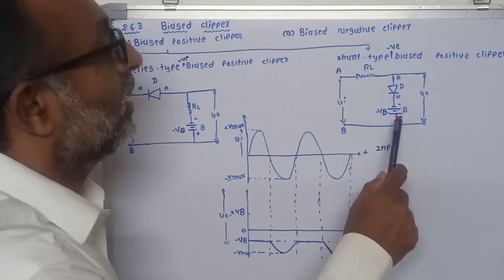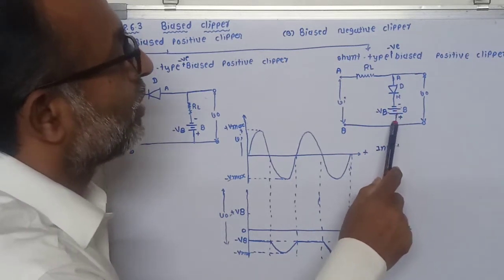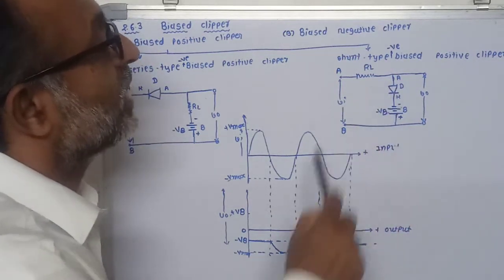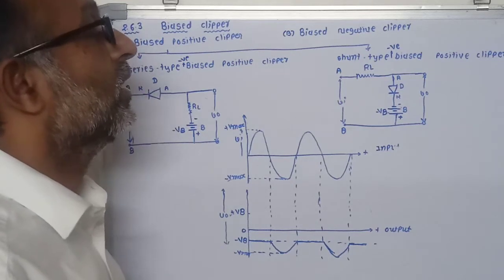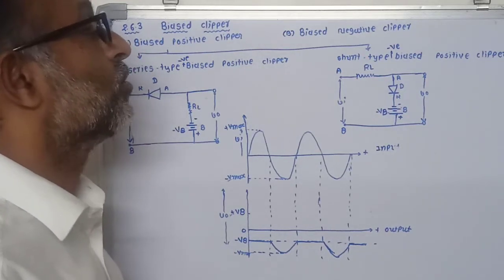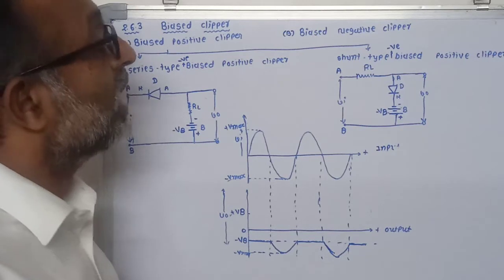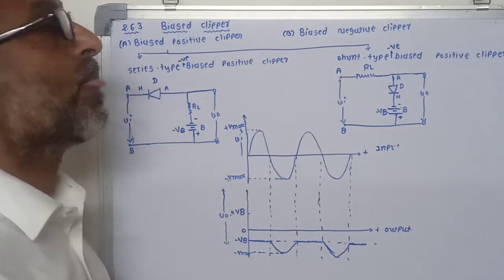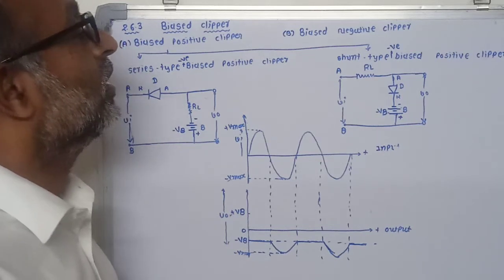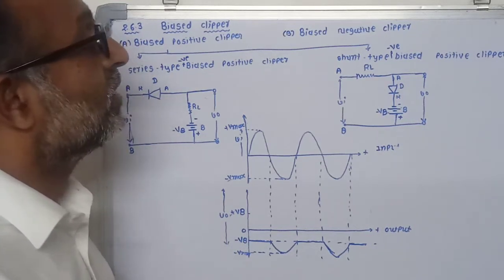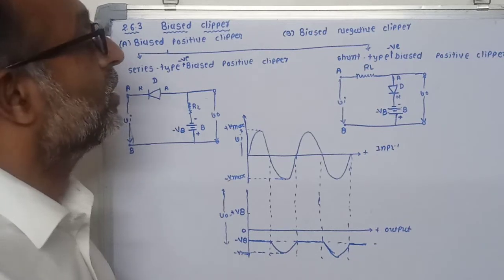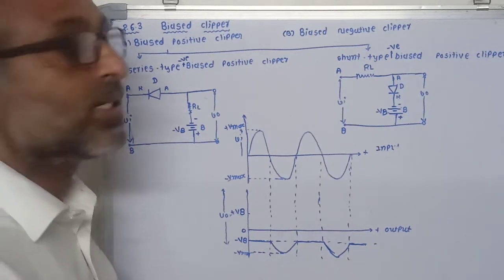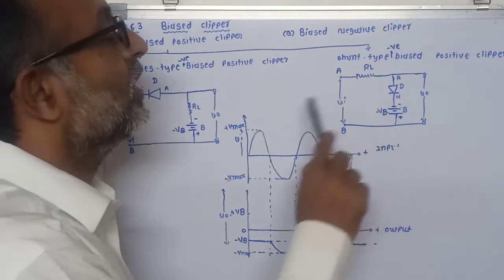But the positive terminal of this battery is connected to the anode, and the negative terminal is connected to the cathode of the diode. So in this case, the diode is also in forward bias condition. Therefore the diode is in forward condition due to the input voltage as well as the battery voltage.